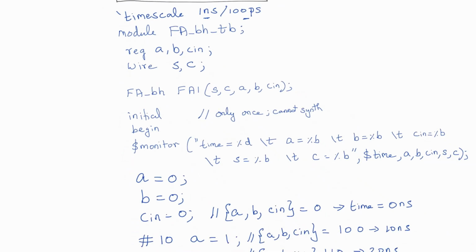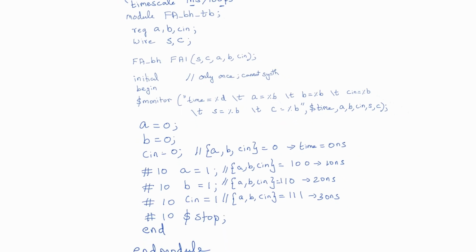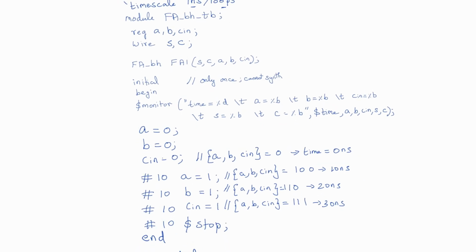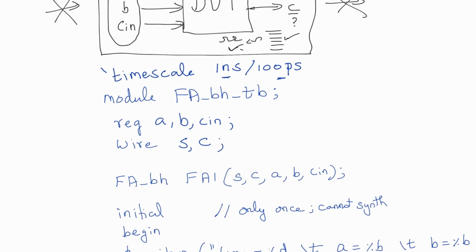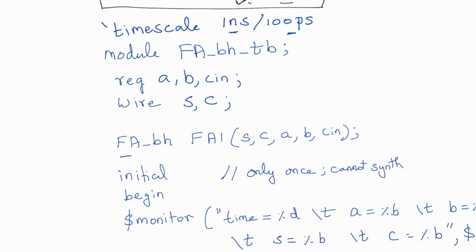So this is the simple test bench that you can write for testing your full adder. So any full adder designed using structural or data flow can be tested using the same test bench, provided you just change the name of the module here, and you can use the same test bench to test a full adder written using any design style.